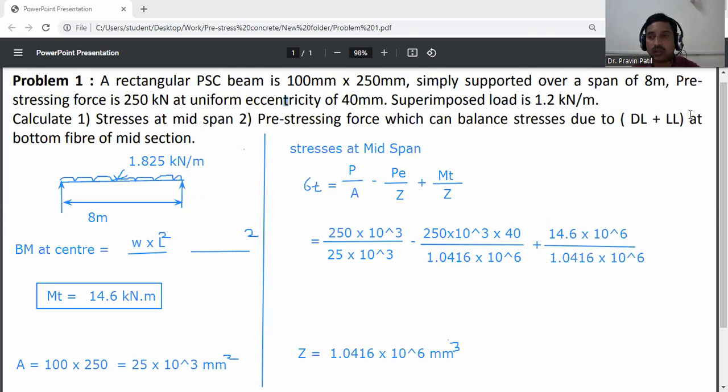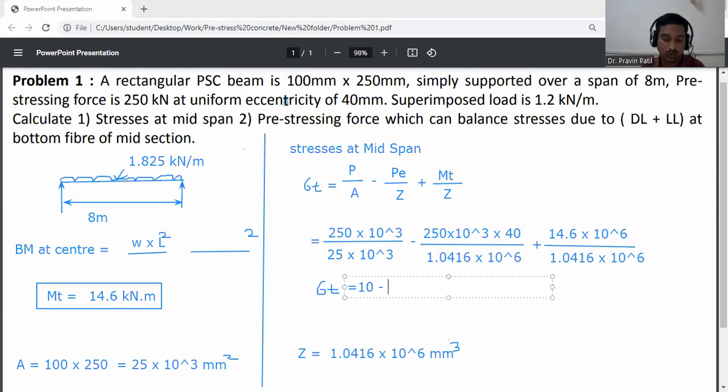So the total stress sigma T: first term, 250 into 10 raised to the power 3 divided by 25 into 10 raised to the power 3, is 10.